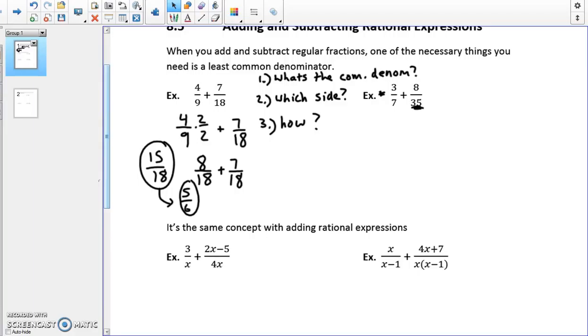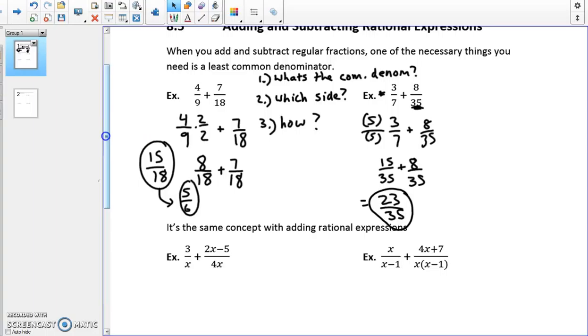If we multiply the top and the bottom by 5, that's going to take 3/7 up to 5 times 3 is 15, 5 times 7 is 35, plus 8 over 35. So 15/35 plus 8/35 is 23/35. So there we go. Alright, those are the first 2, just to get us warmed up.